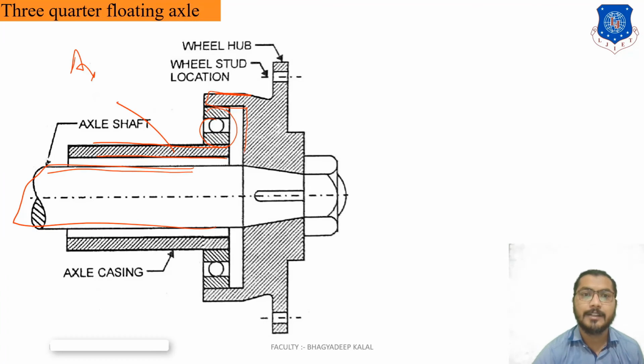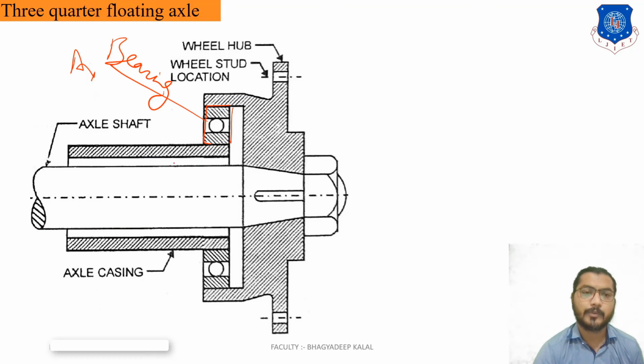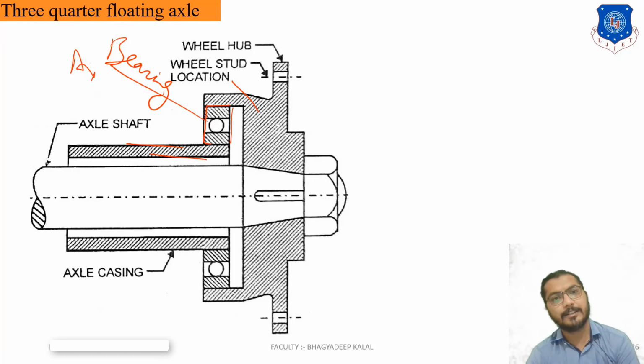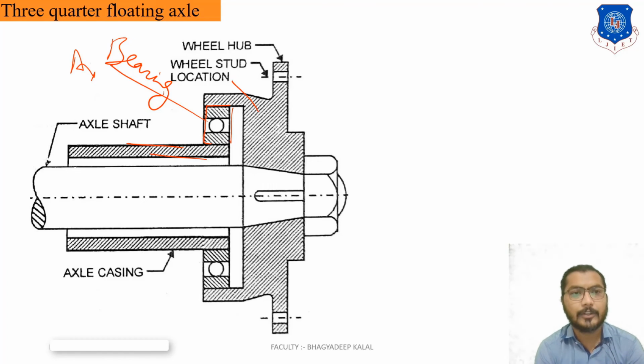This is different from semi-floating axles. In semi-floating axles, the bearing is between the axle casing and the axle shaft. Here, the bearing is provided between the axle casing and the wheel hub. So what is the difference between these two? In the 3/4 floating type, the bending load and shearing load are not withstood by the axle shaft.